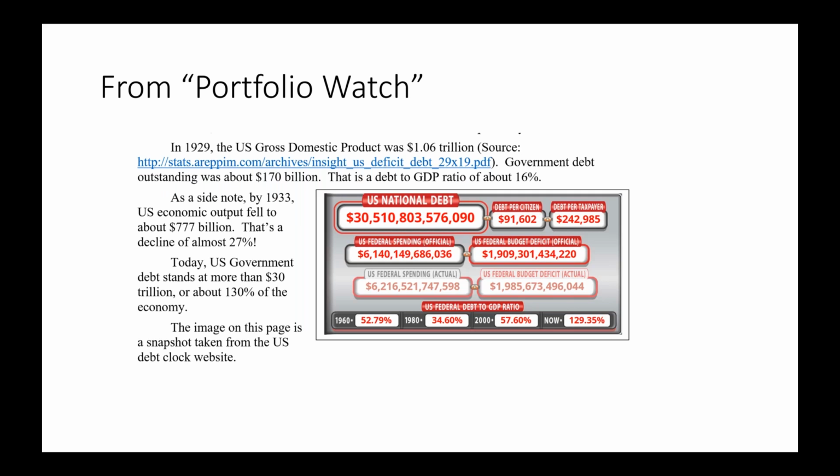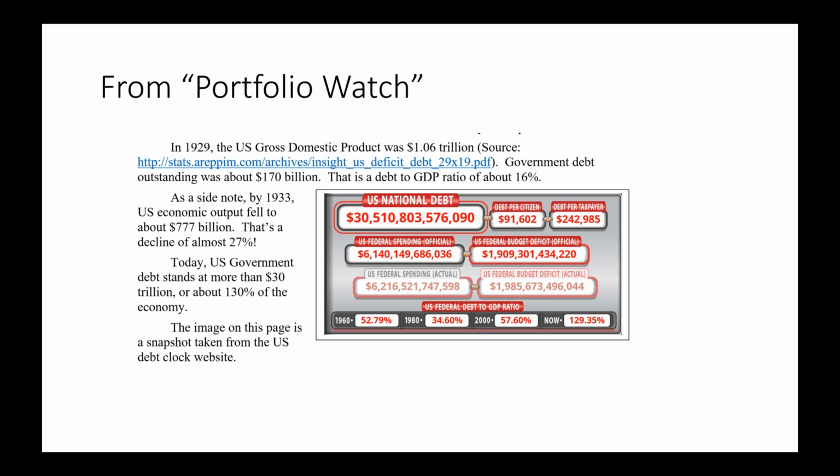That is a pretty healthy government, all things considered. Now, just a side note, as the Depression progressed, you see that by 1933, on an annualized basis, economic output fell to $777 billion. Economic output fell by 27%.